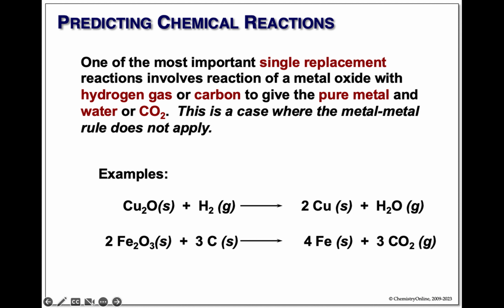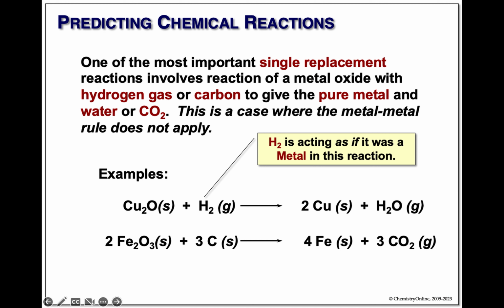This is a nonmetal, so is the oxygen. You would expect the hydrogen to replace the nonmetal. Instead, hydrogen is acting as if it's a metal, and it's replacing the metal. This guy, iron 3 oxide plus carbon, gives iron.